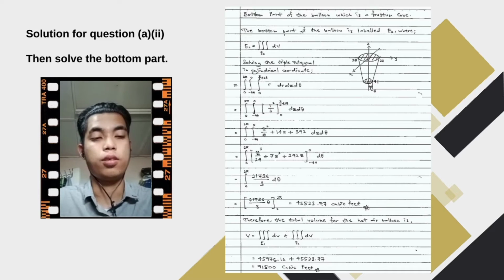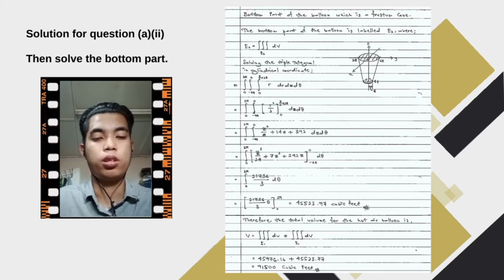Since the frustum cone has two different radii, the limits for the radius are written this way. Then for dz, the limit for z is from negative 44 to 0, and for theta is from 0 to 2 pi.